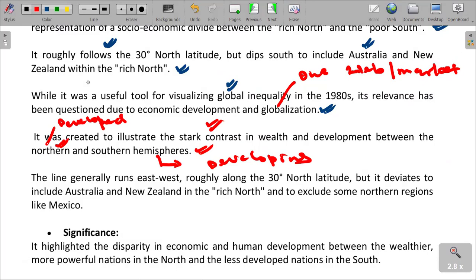So the line generally runs east-west, but it deviates to include Australia, which we also talked about, and to exclude some northern regions such as Mexico.